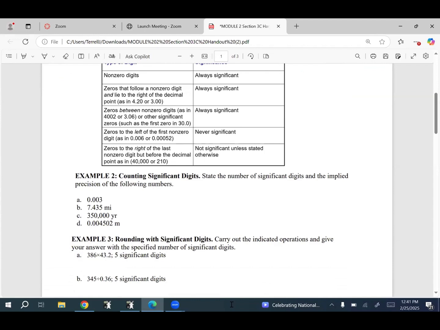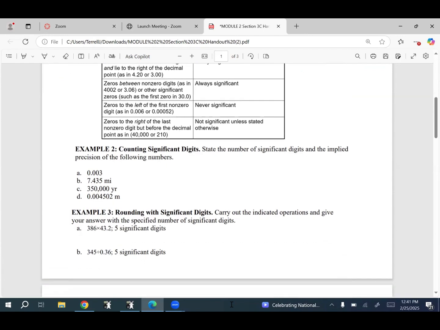So let's look at this next example. It says, state the number of significant digits and the implied precision of the following numbers. Let's focus on the number of significant digits first.